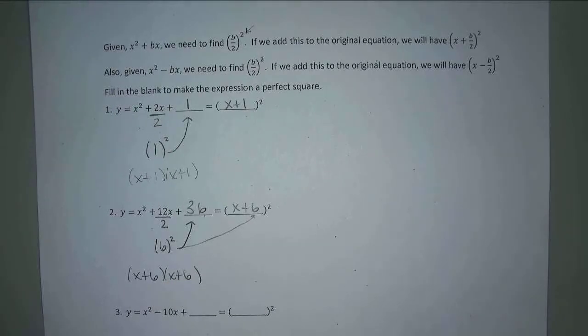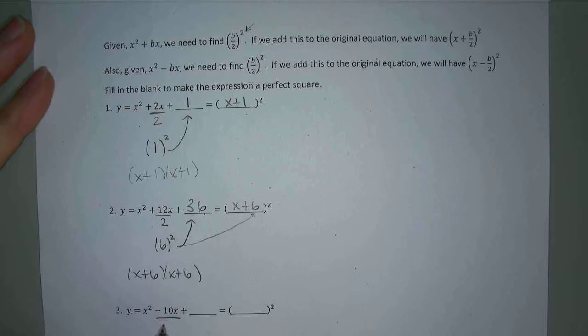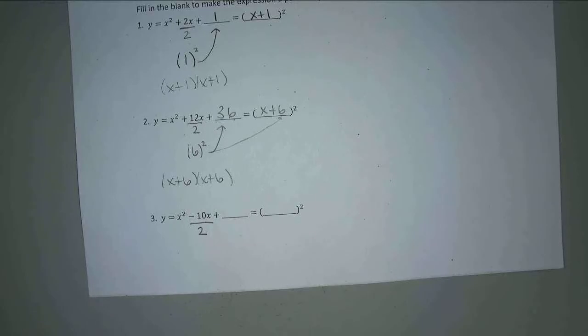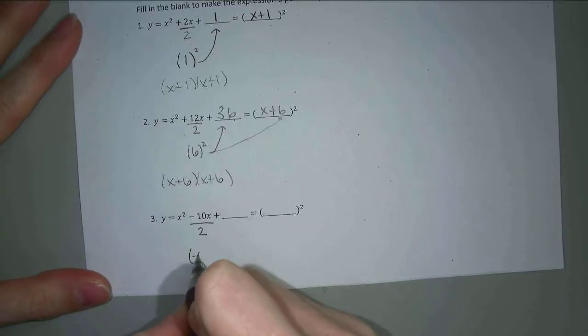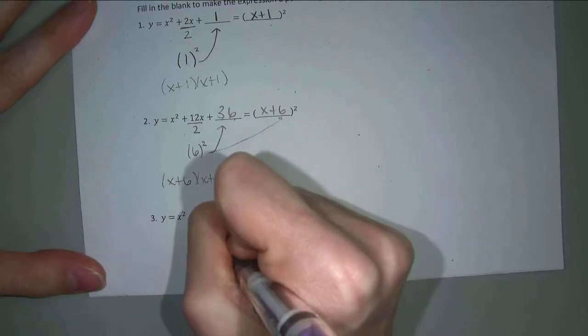All right, last one, number 3, guys. What do we have to do? We have to divide the negative 10 by 2. What is negative 10 divided by 2? And keep that sign in your head, okay? So we're going to keep the negative 5 just like that. Does it affect what we add? No. Whether you square a negative or square a positive, you're always adding the positive, okay? So what is negative 5 squared?